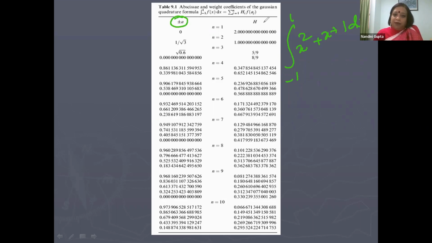These are my sampling points and these are my weights. As we have seen, if it is a second order polynomial and you want to integrate it exactly, you need a 2-point quadrature. So can you, by looking at this table, apply the 2-point quadrature and give me the value of this integration?